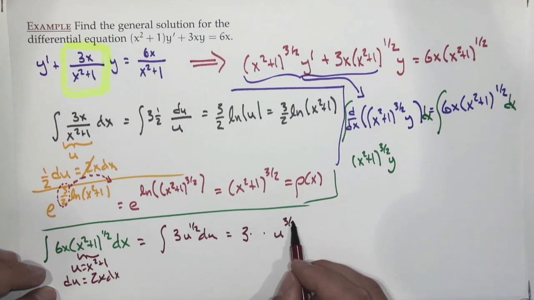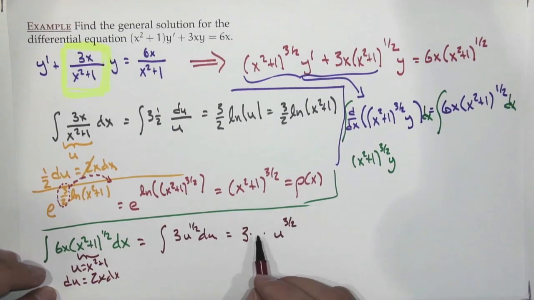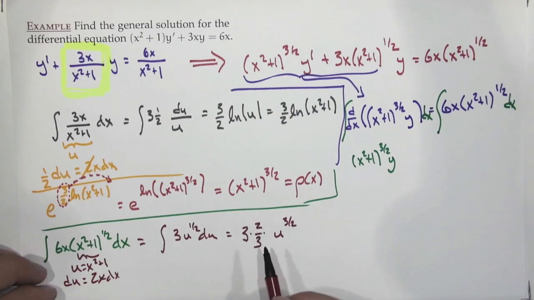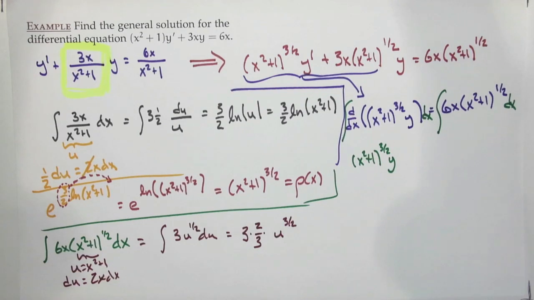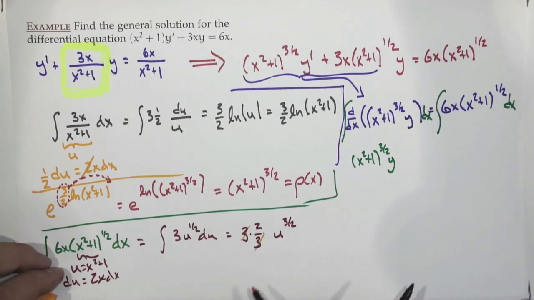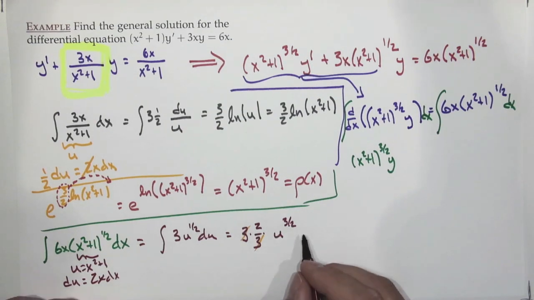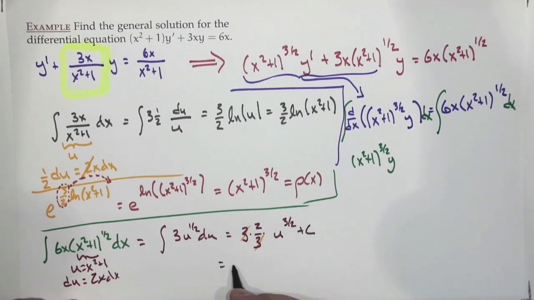U to the 3 halves, all right, because you add 1 plus a half. And in front? 2/3. And it's like they knew we were coming so that we could cancel stuff out. Anything else we need to add? Plus the c, yeah. And so this really becomes 2 times x squared plus 1 to the 3 halves plus c.